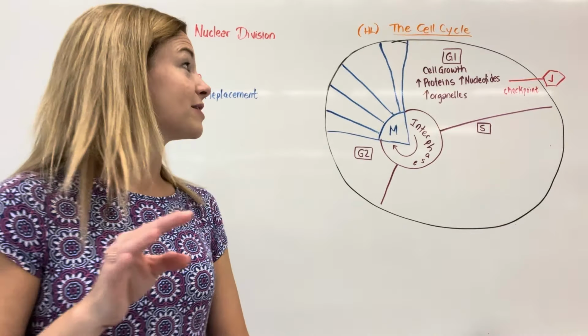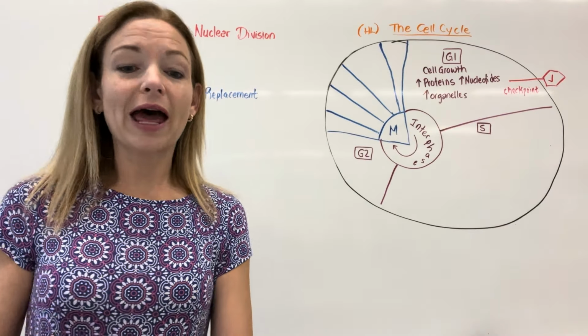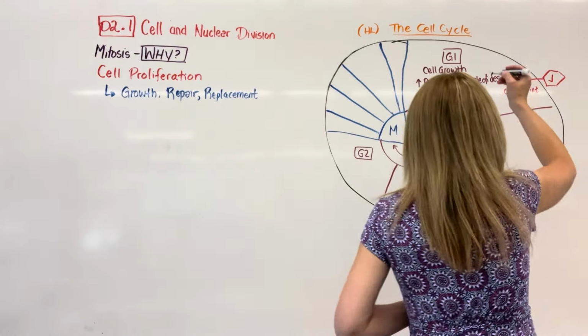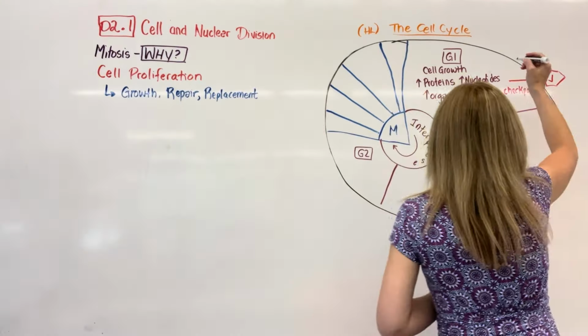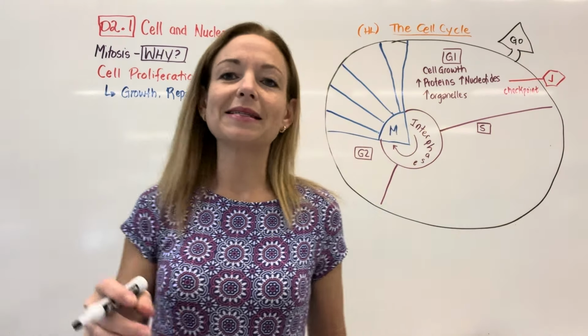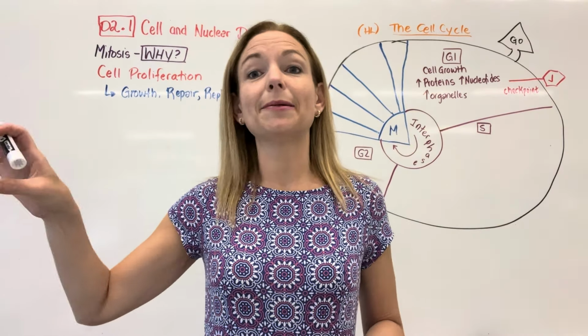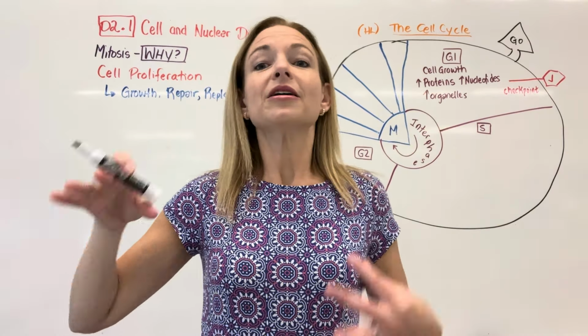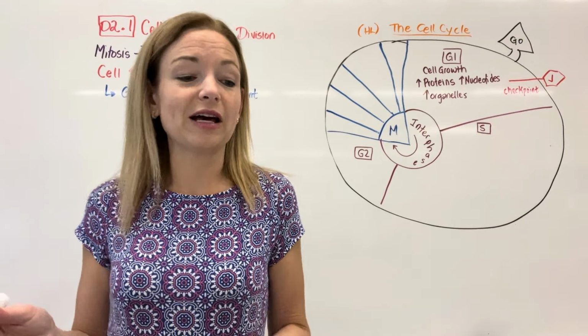If it fails that checkpoint, then it will exit the cell cycle and it'll go off instead into what's called G0. So G0 just means that cell just needs to go back to being a cell. So that cell is not needing to replicate. So it's going to leave the cell cycle and just go back to normal cell functioning.